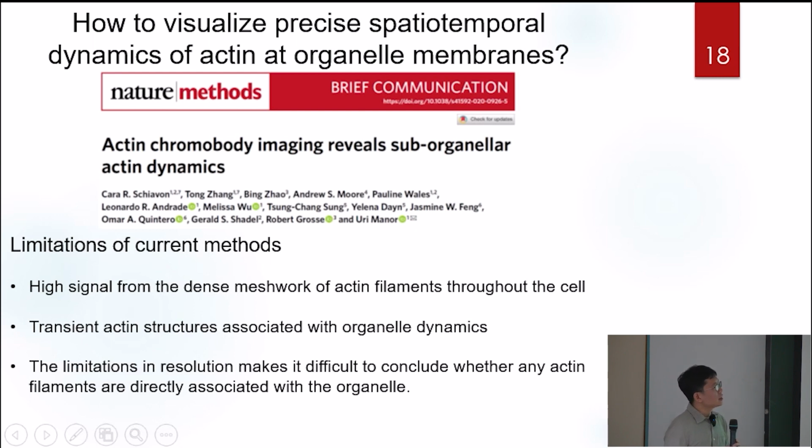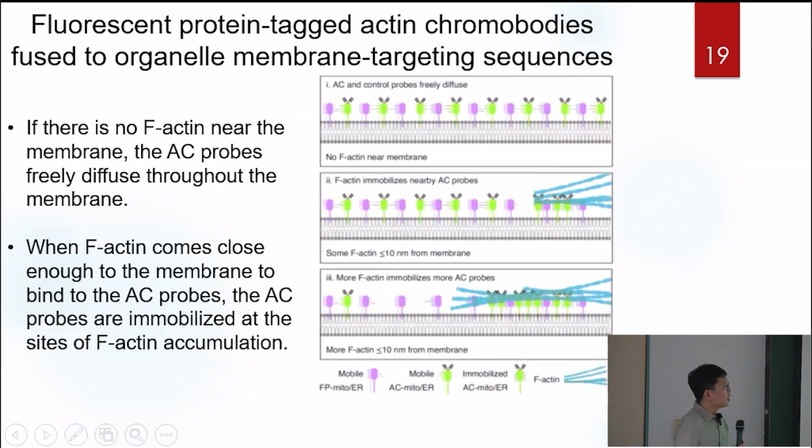So the idea is that when actin interacts with organelles, then you can see a clear signal. So they fuse the organelle membrane targeting sequence to the actin chromobodies. If you fuse the membrane targeting sequence, it will insert into the membrane of your organelles, so they can diffuse freely.